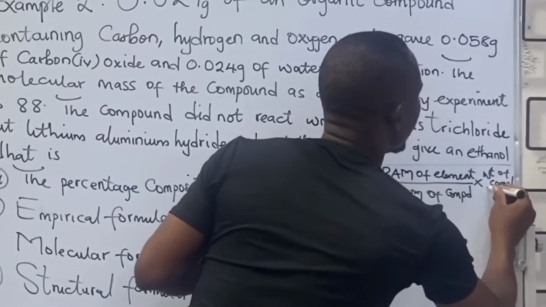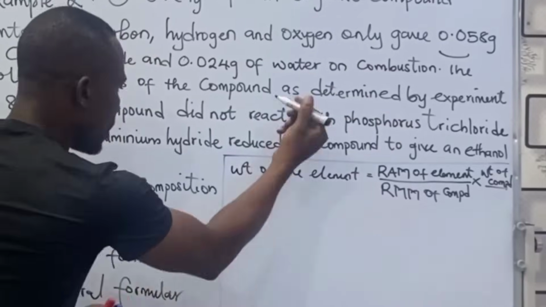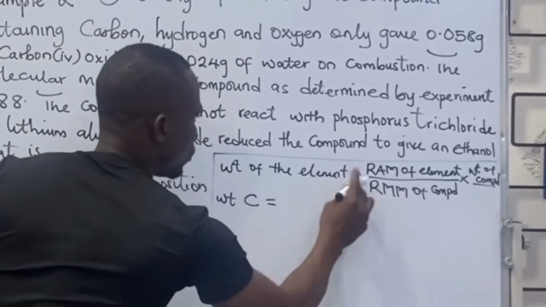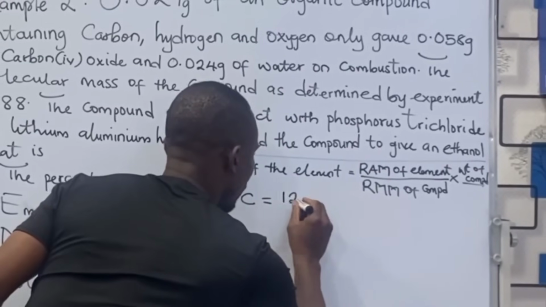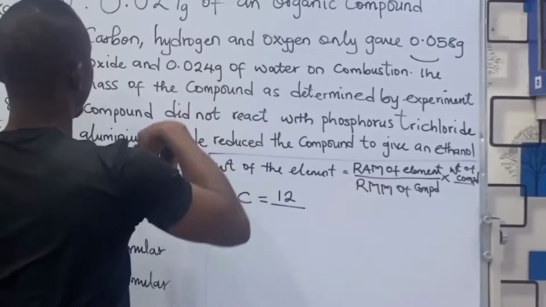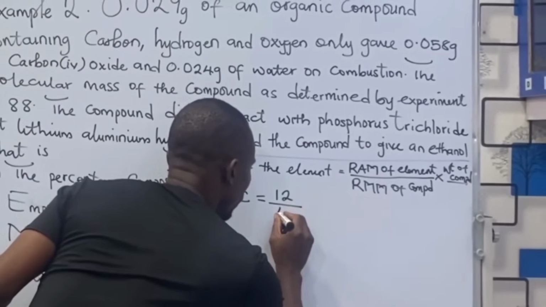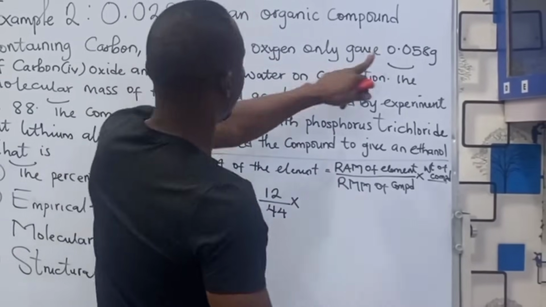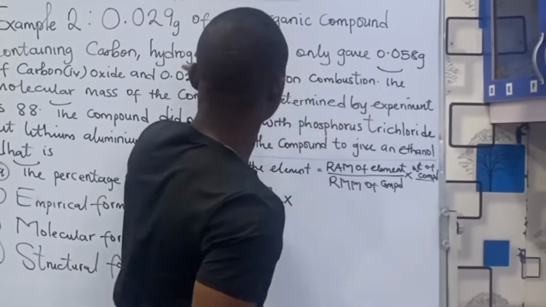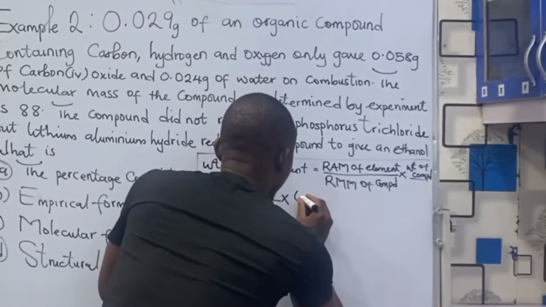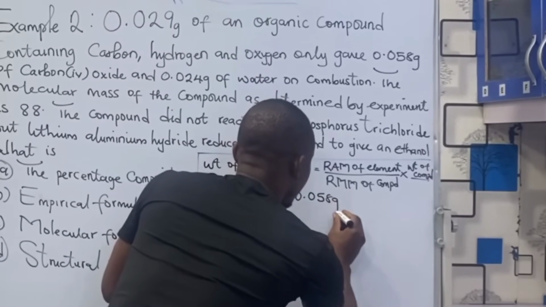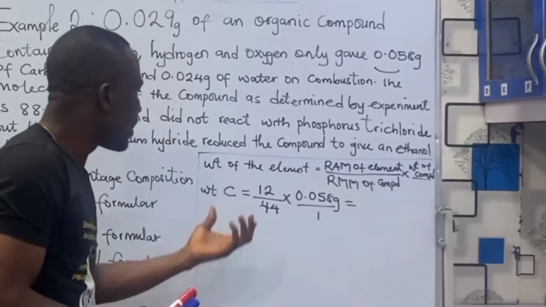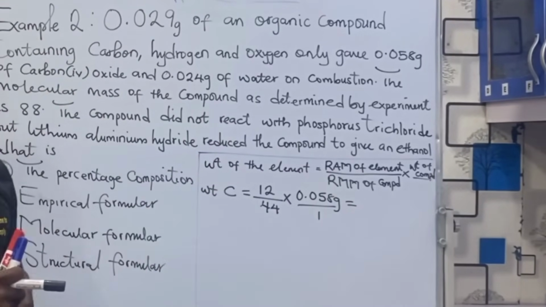When you do that, you get that. So we'll do that for each element. So quickly, we'll say the weight of carbon will be equal to the relative atomic mass of carbon, which is 12, over the molecular mass of CO2, which is 44, multiplied by the weight of CO2, because carbon is found in CO2.